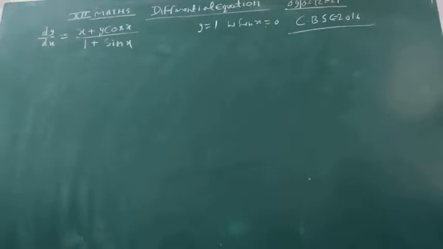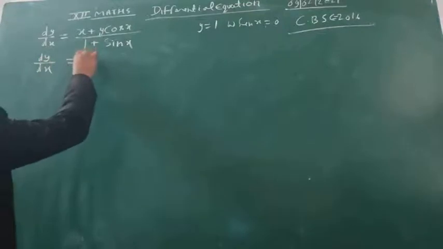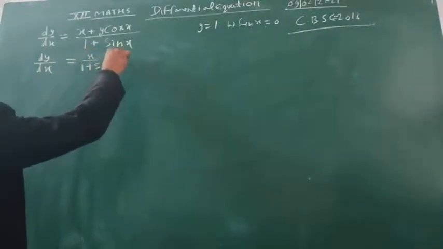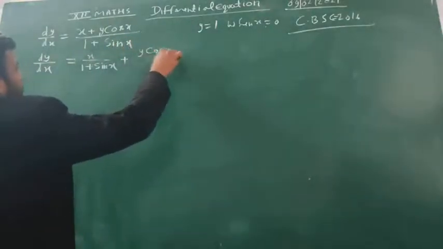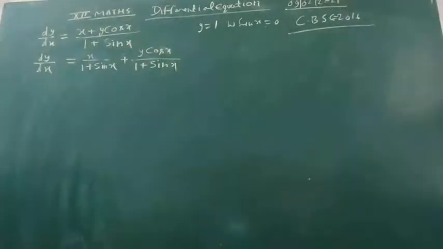Okay students, first of all we write dy by dx is equal to x by 1 plus sin x plus y cos x by 1 plus sin x.